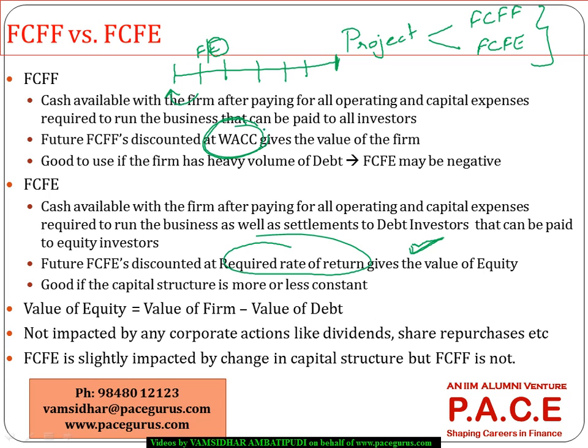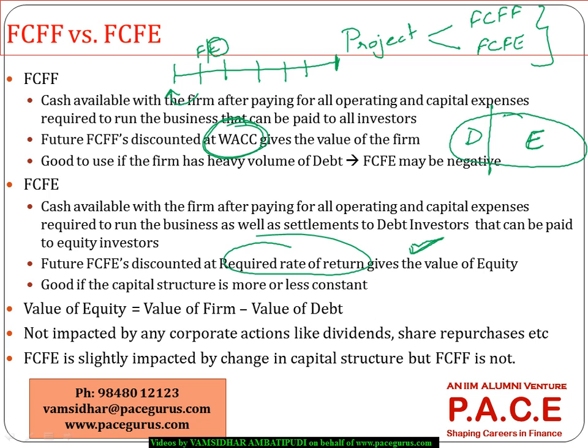When I say weighted average cost of capital, it is the return that is expected both by debt investors as well as equity investors. So I discount FCFFs by the weighted average cost of capital to arrive at the value of the firm in total, wherein you have debt as well as equity separately.